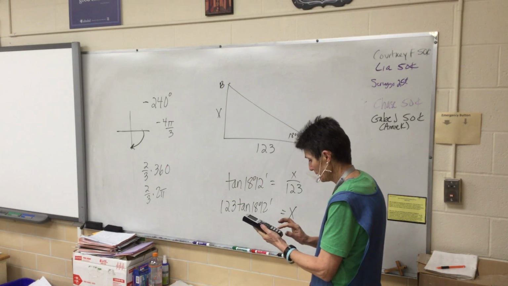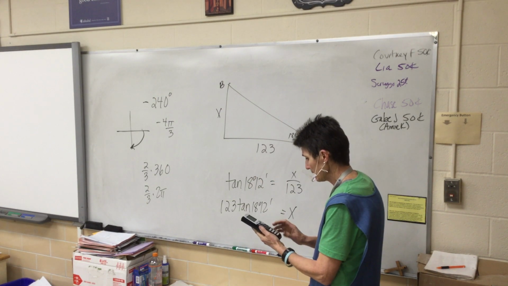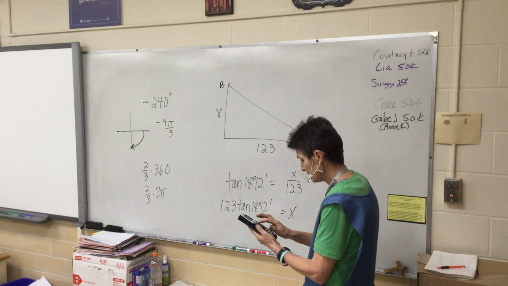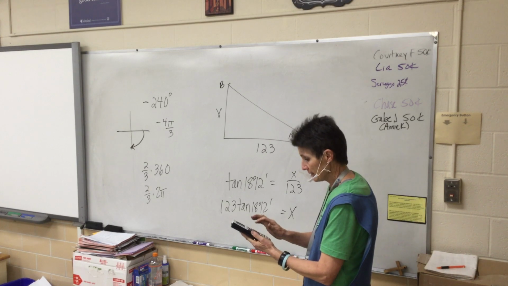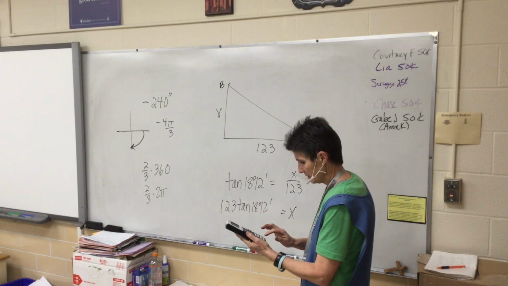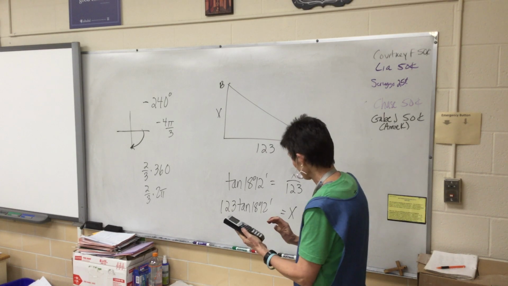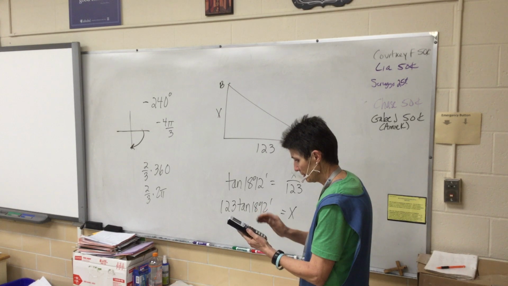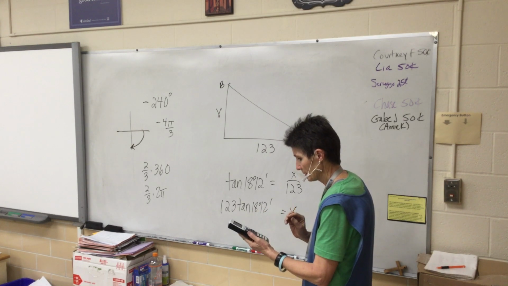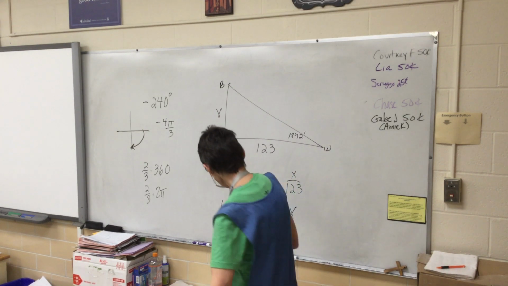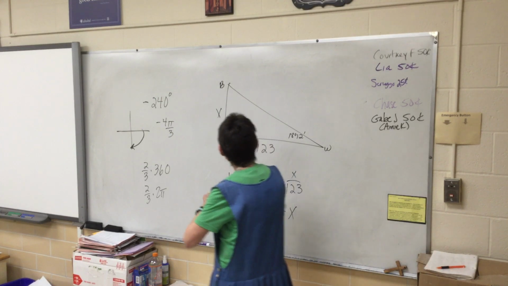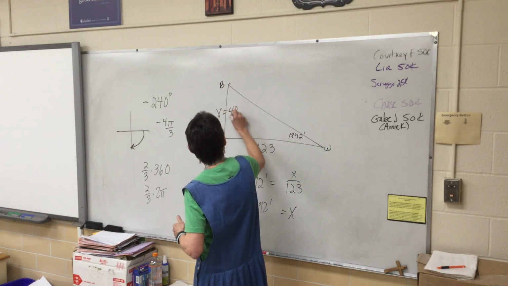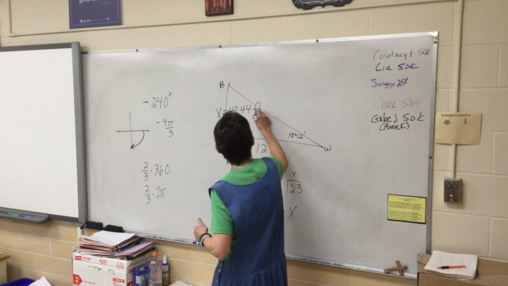So 123 tangent 18, second angle degrees, 12, second angle minutes. 40.44. Feet.